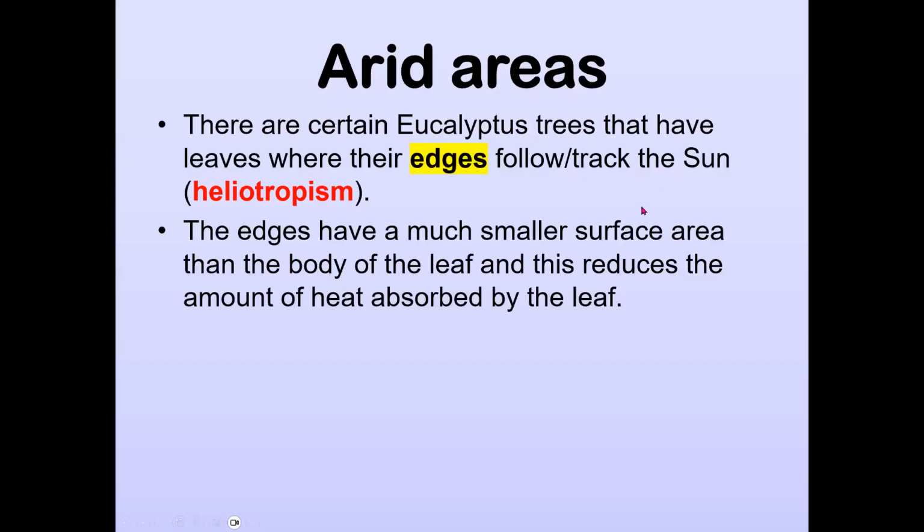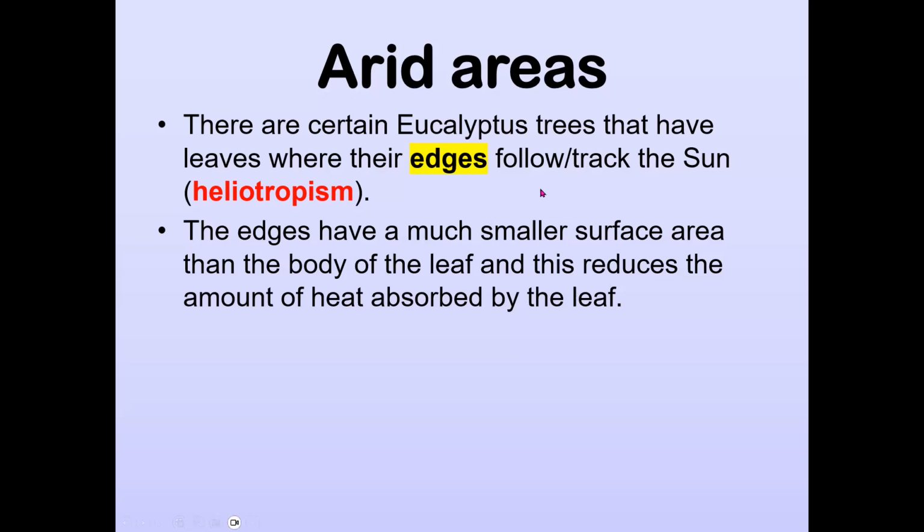There are eucalypts in arid areas where the edge of the leaf follows the sun, so it rotates following the sun. So it shows the sun the minimum surface area possible, but it still needs the sun to photosynthesize.